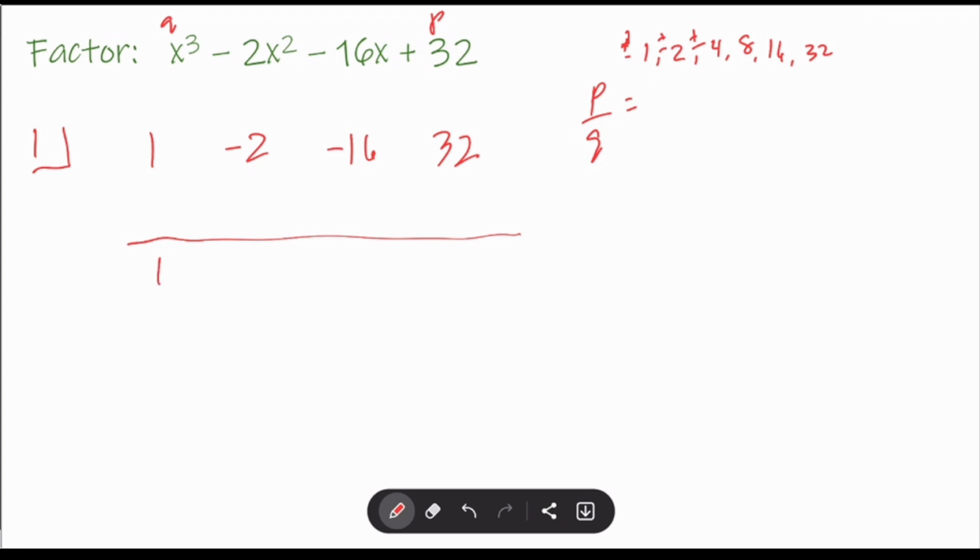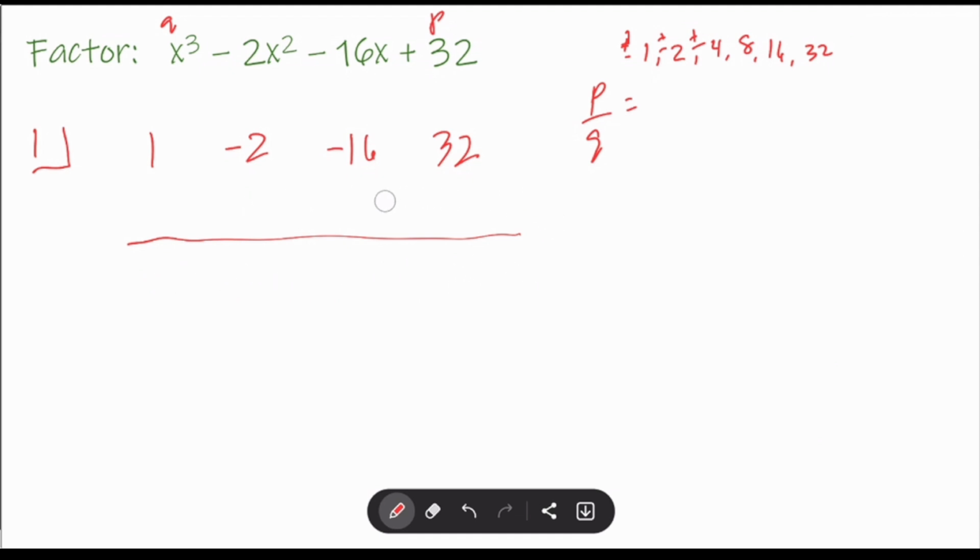It will be 1 times 1 is 1, negative 2 plus 1 is negative 1, 1 times negative 1 is negative 1, negative 16 plus negative 1 is negative 17, and 1 times negative 17 is negative 17. So it will not be 0. So it is not 0, so it's not 1 that we are looking for.